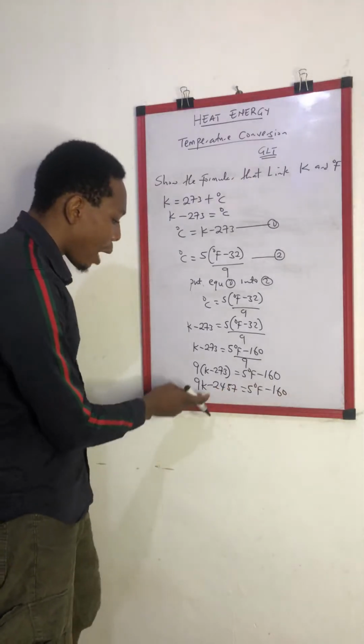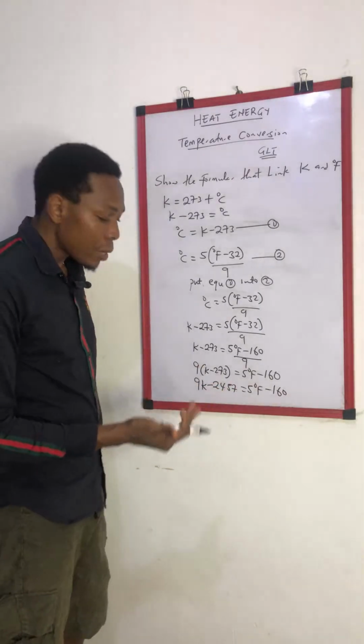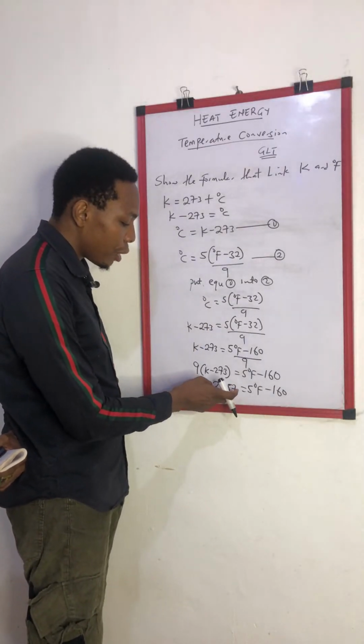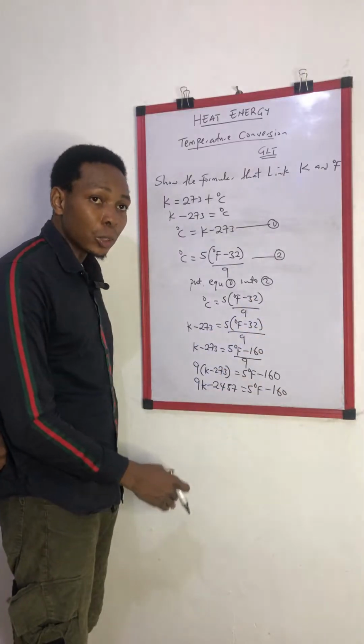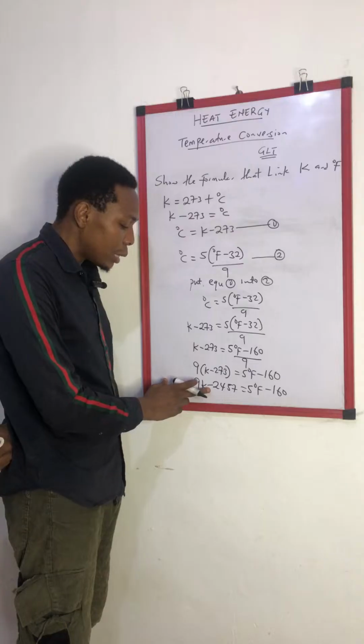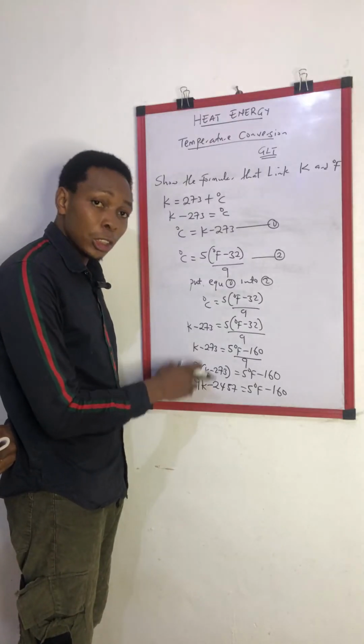So we want to make our K the subject of the formula. And to do that, what happens? Our minus 2457 will cross over to the right hand side. And once it's crossing over, what happens? The minus sign changes to plus.